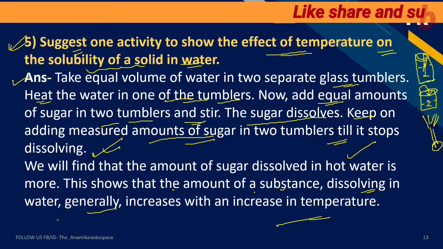Now after the experiment is finished, we will see that tumbler number 2 dissolves more sugar, whereas tumbler number 1 dissolves only a certain quantity of sugar in it. So this experiment shows us that in the effect of temperature, when the temperature increases, there is also an increase in the solubility of the solid in the water.